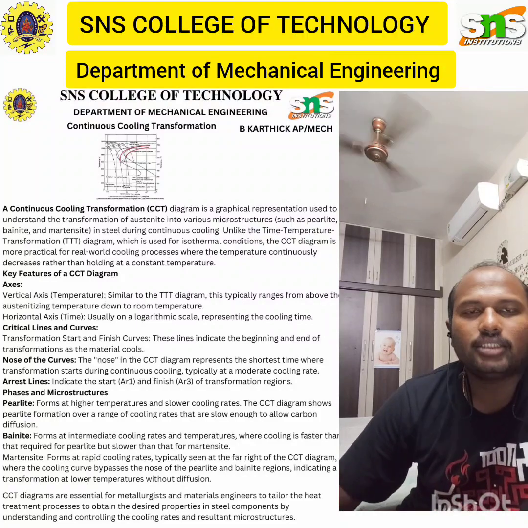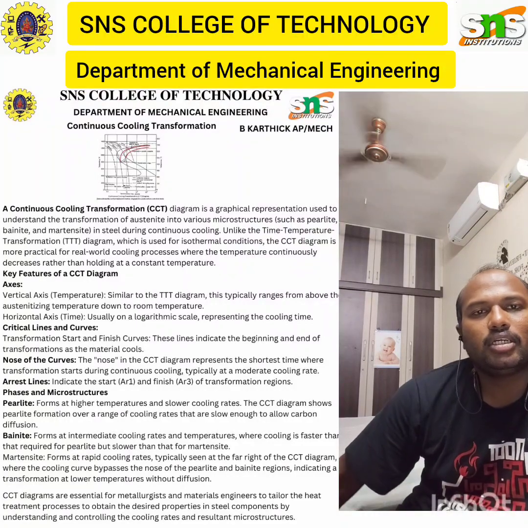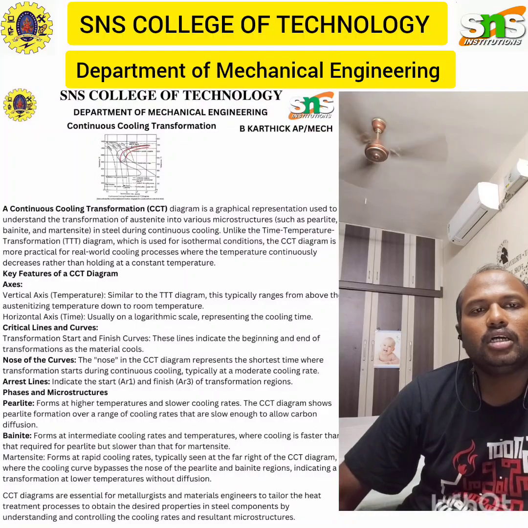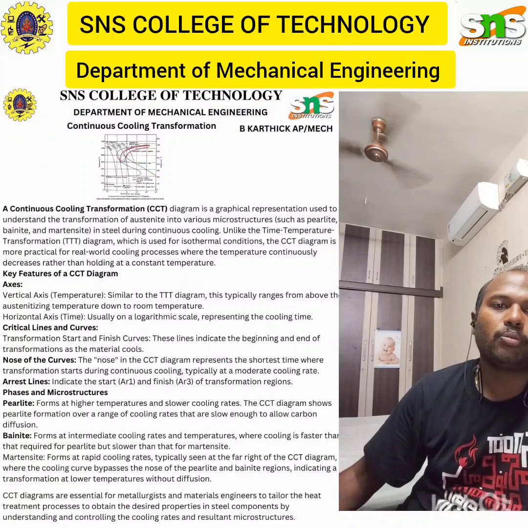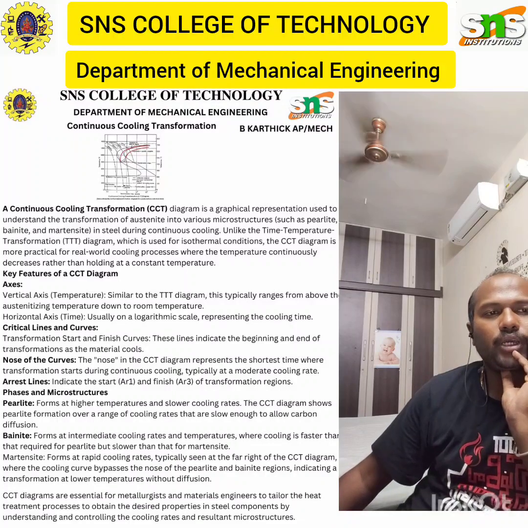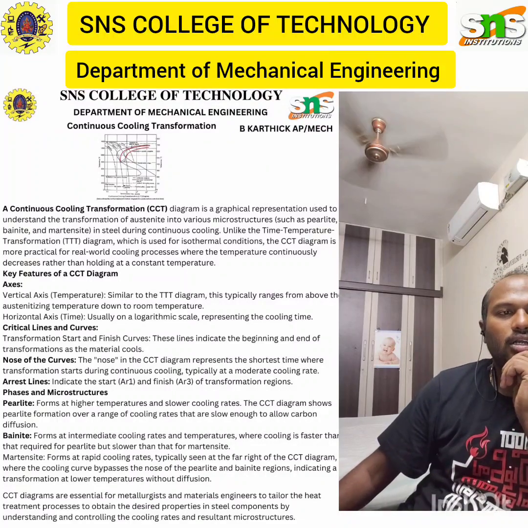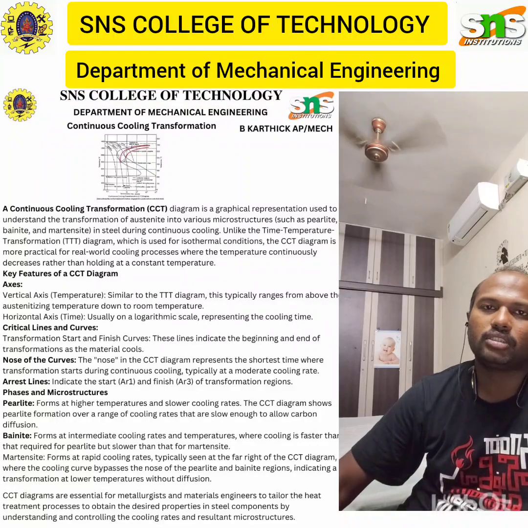So in practical application, in heat treatment design, CCT diagrams are often used to design the heat treatment processes by selecting an appropriate cooling rate to achieve desired microstructure and mechanical properties. Second one is quality control, to ensure the cooling rate during manufacturing conforms to the desired path on the CCT diagram to produce the intended microstructure.